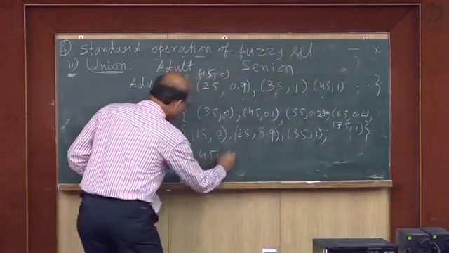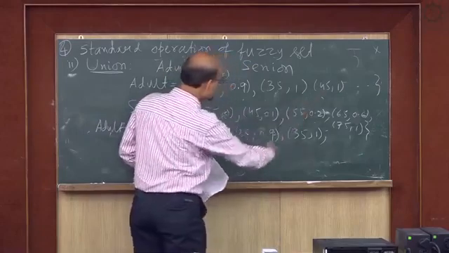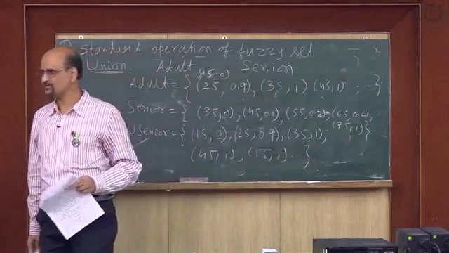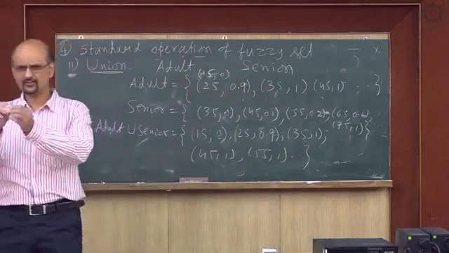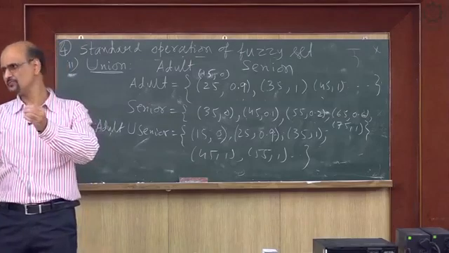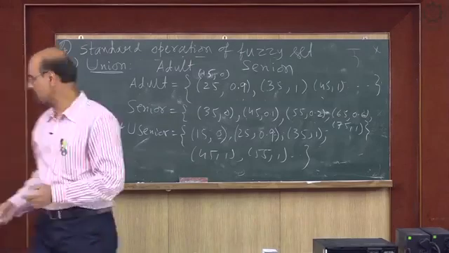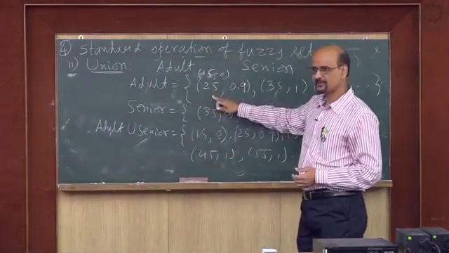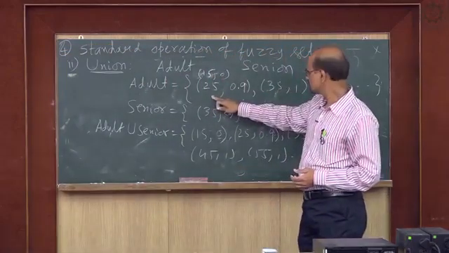So, you are understanding what is happening. Similarly, 55 1, like that. Very simple to find union, just take, for different x, the maximum of mu A bar and mu B bar. Suppose I want to find the complement of this, complement of adult. 25 0.1.